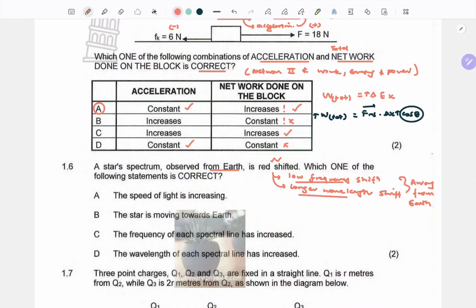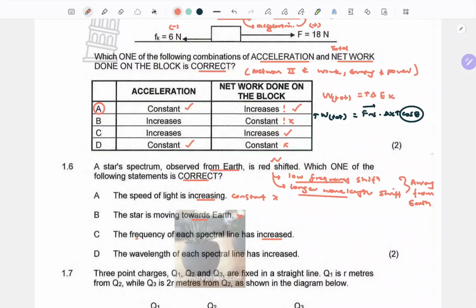Which one of the following statements is correct? Now, we want the correct statement. The speed of light is increasing. No. We consider it as a constant. It is an assumption that we make if we're not told otherwise. Now, this is not true. The star is moving towards Earth. No. The frequency of each spectral line has increased.